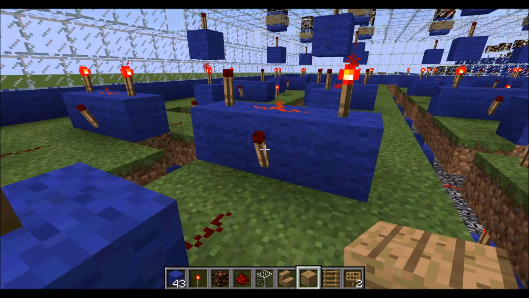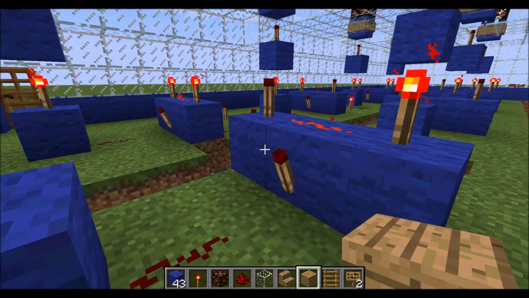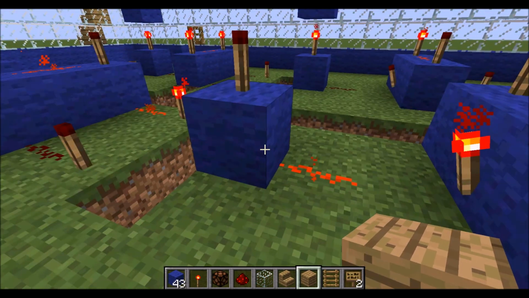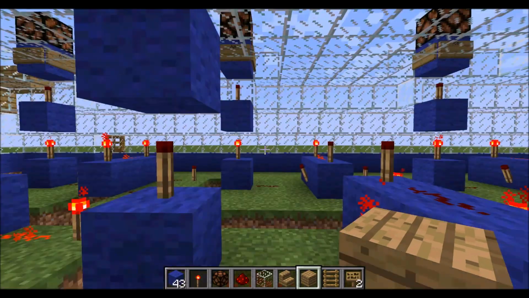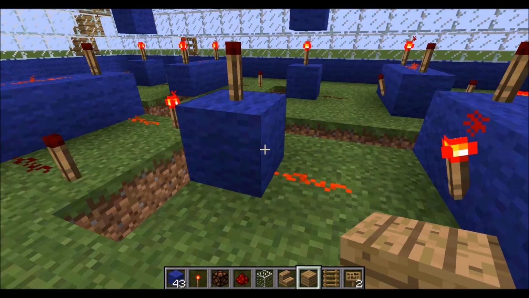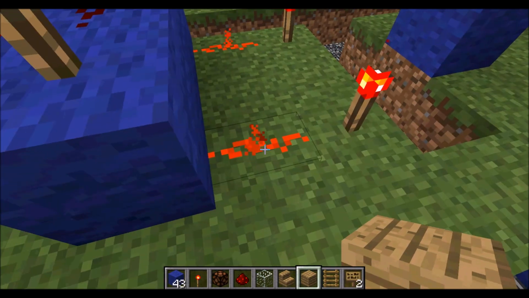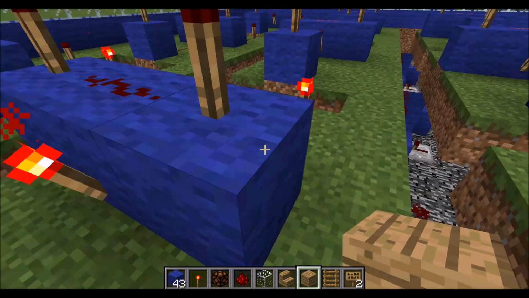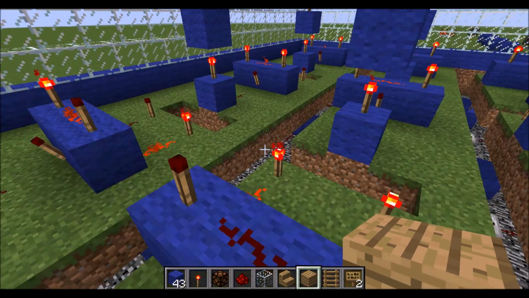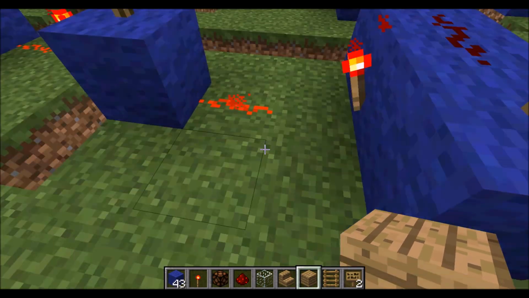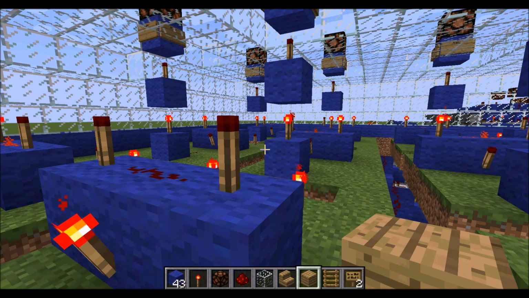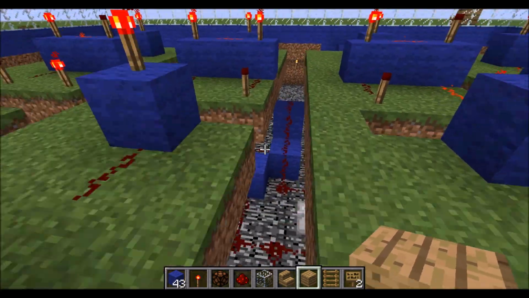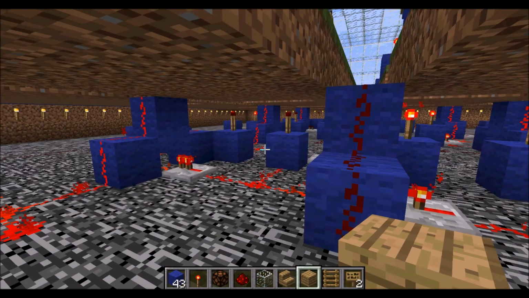If you recognize these from the old video, these are AND gates. We only have this block being powered, so this light is only on when there is power going into both sides of the AND gate. This and this have to be on in an AND gate to make a signal go out. The way it works is I have it wired underneath, down here in this bedrock layer.